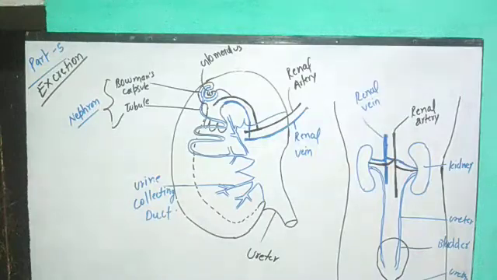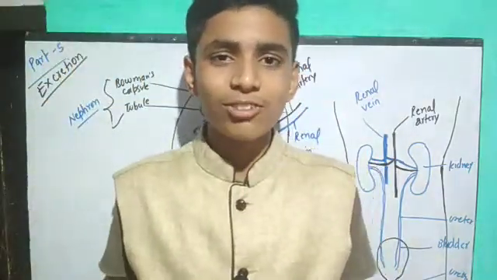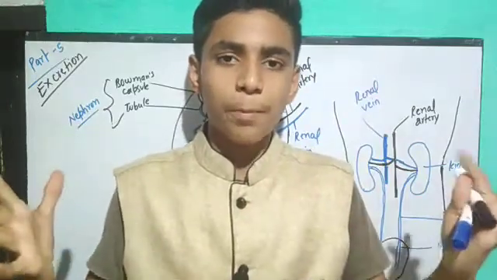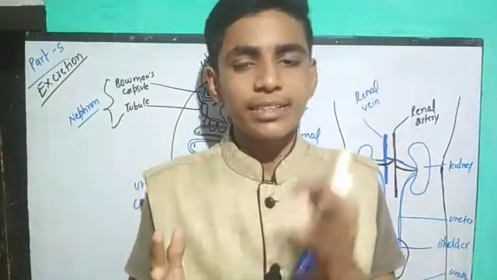I told you plasmolysis means they do the process of exosmosis. By exosmosis they are able to burst out the waste material from the entire cell, and hence they perform excretion like that.